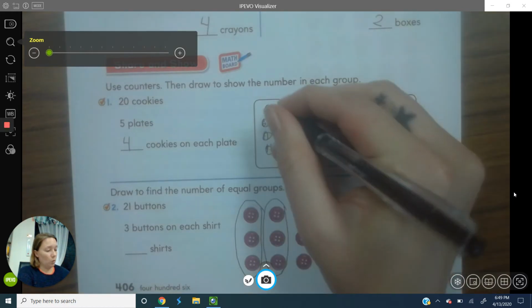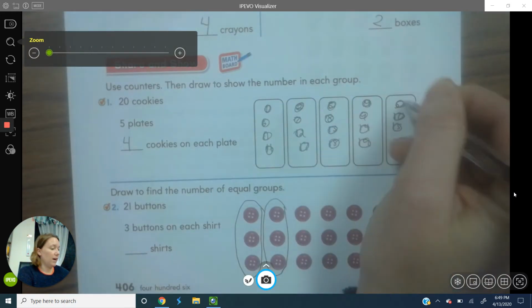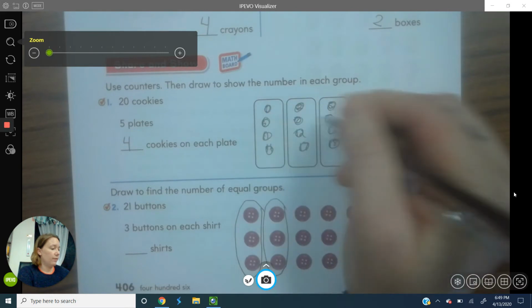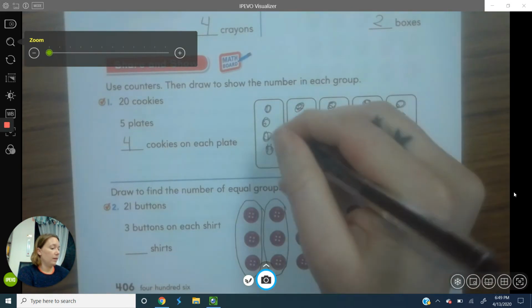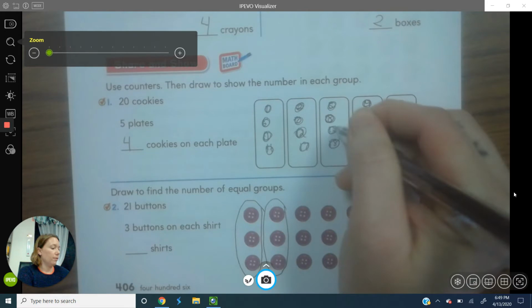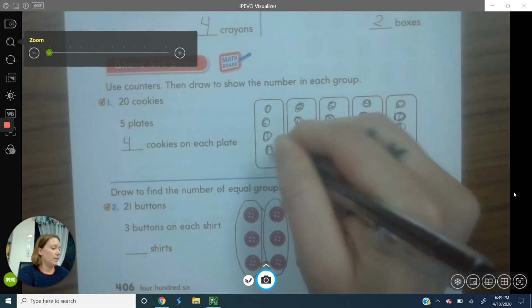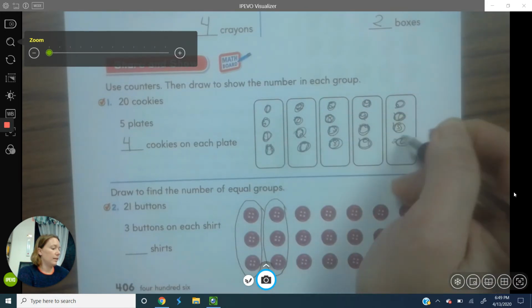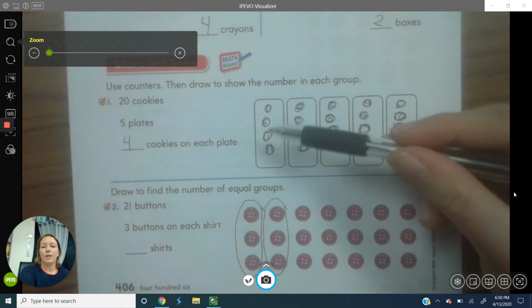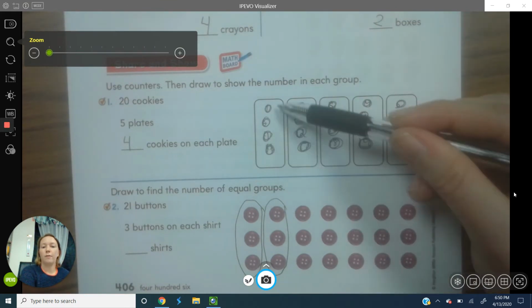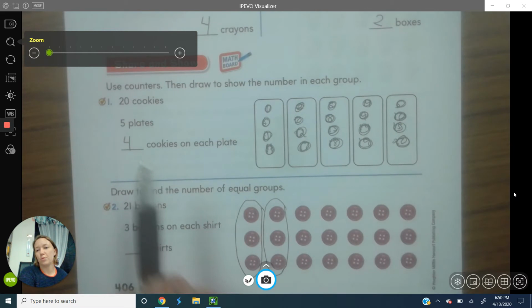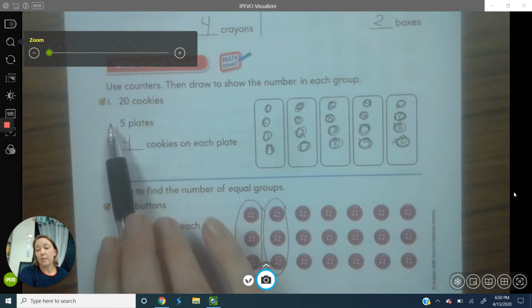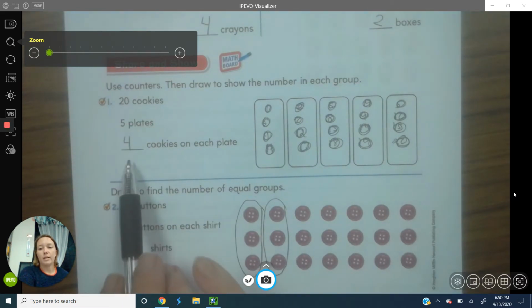So 1, 2, 3, 4, 5, 6, 7, 8, 9, 12, 13, 14, 15, 16, 17, 18, 19. Now, there are 4 on each plate. 20 divided by 5 is 4.